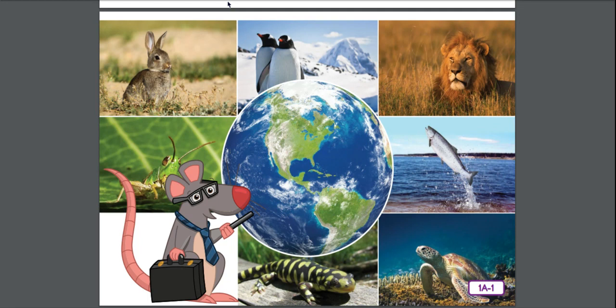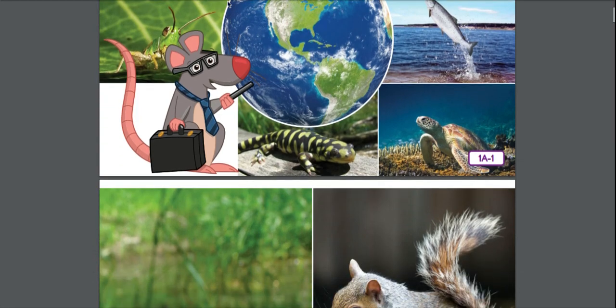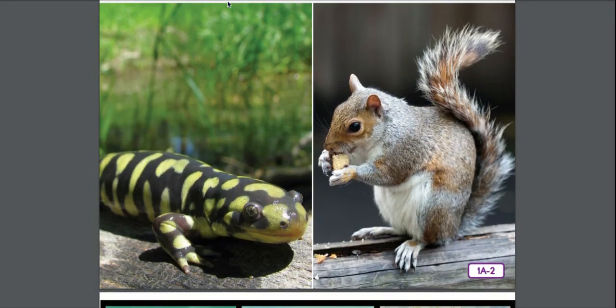One way that we make sense of our whole world is by sorting things into categories or groups. Not just animals, but for sure animals. Look closely at these pictures of a salamander and a squirrel and notice their characteristics.